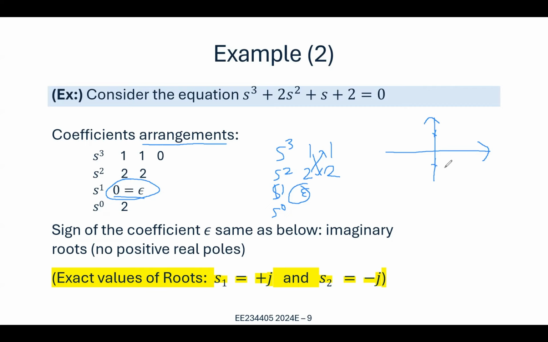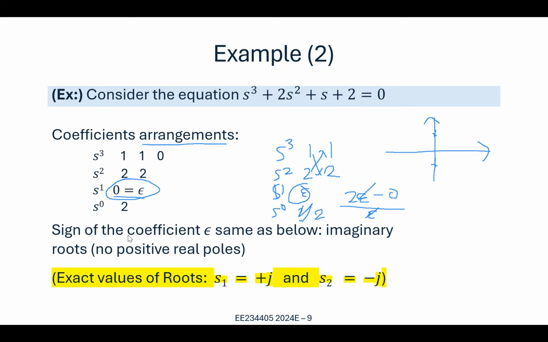So we have this epsilon, and the next entry is like 2 epsilon minus 0 divided by epsilon, so this would be 2. So there is no further change. The only change is this 0, from 2 to epsilon, and from epsilon to 2.